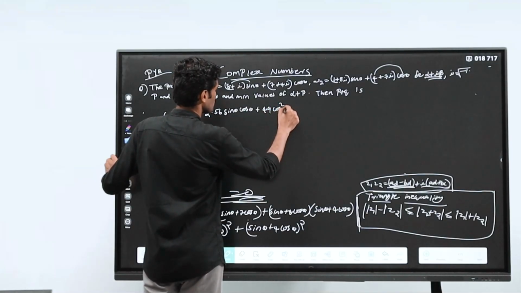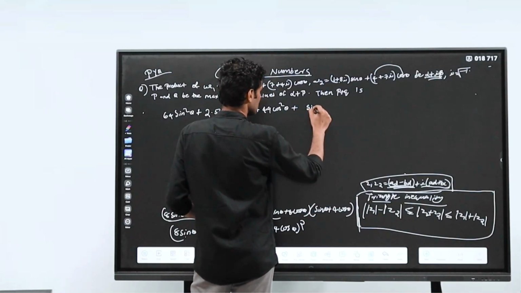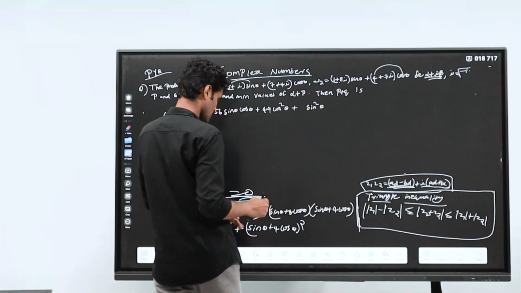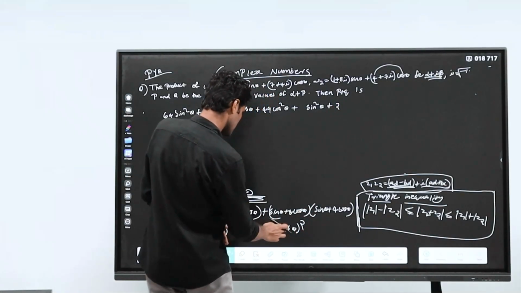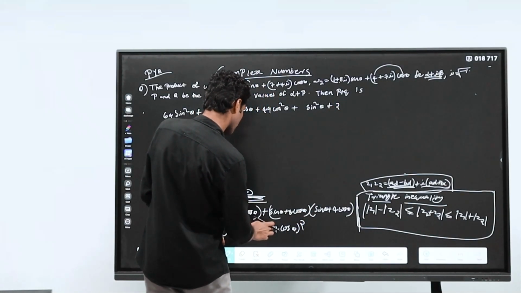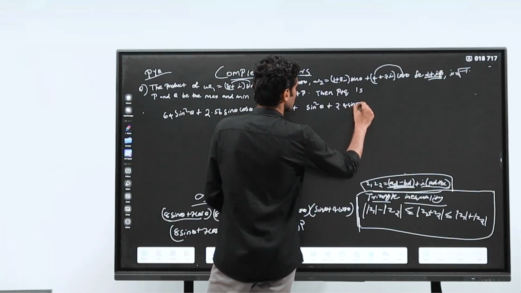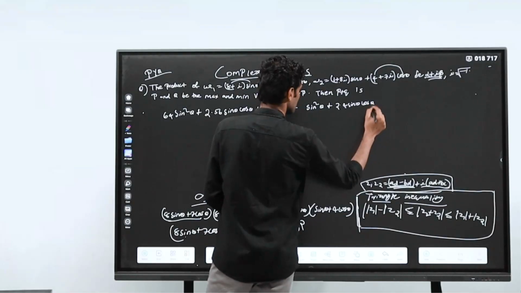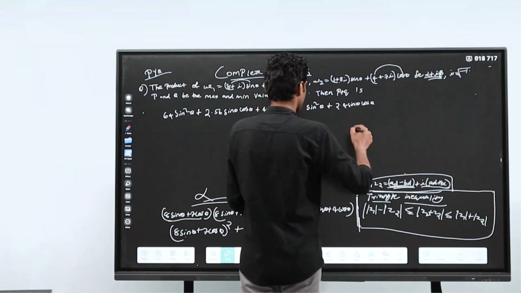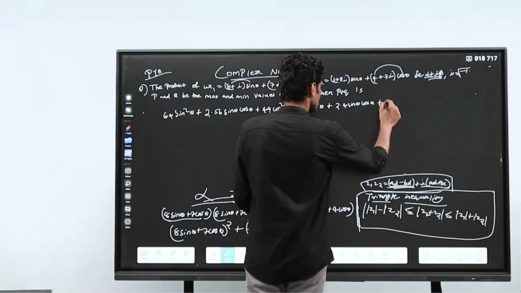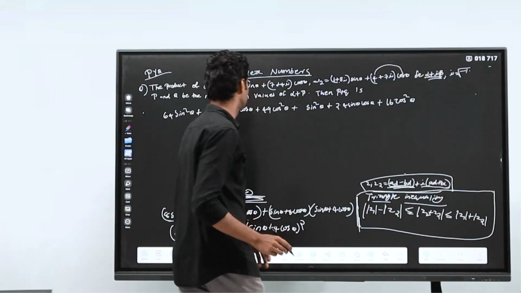The next term is again sine square theta plus 2 into AB, 2 into 4 sine theta cos theta, 4 sine theta cos theta, plus 16 cos square theta, right?